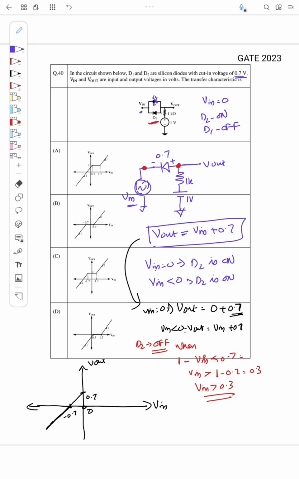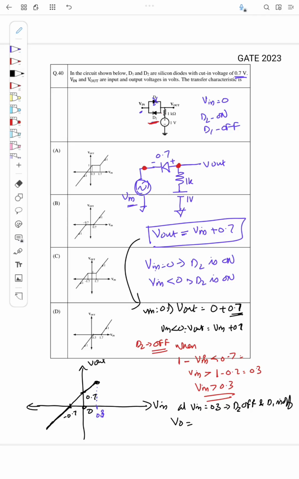So until 0.3, Vout will be following the curve of Vin. Now what happens at Vin greater than 0.3? D2 is off and D1 is off.